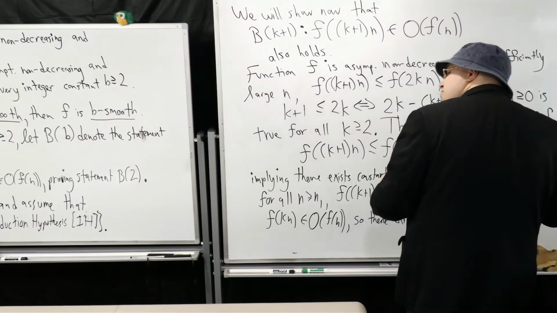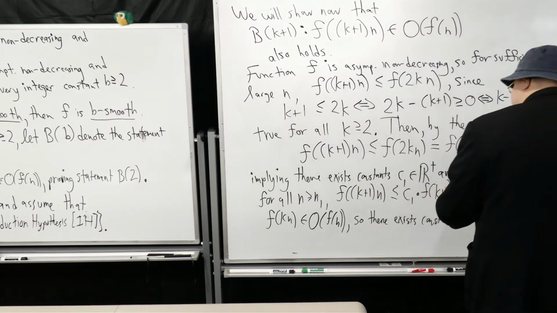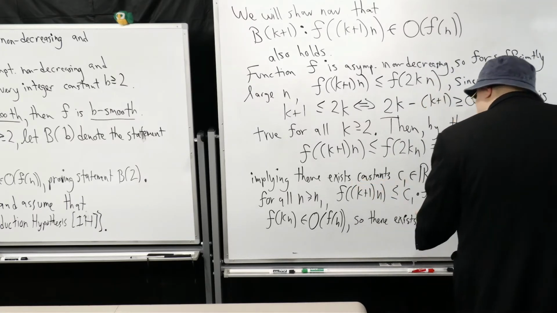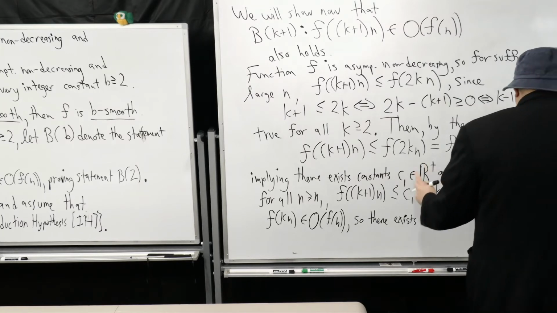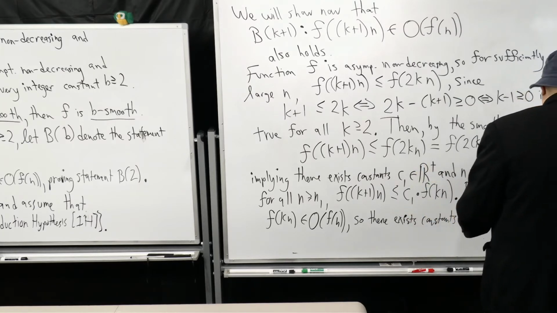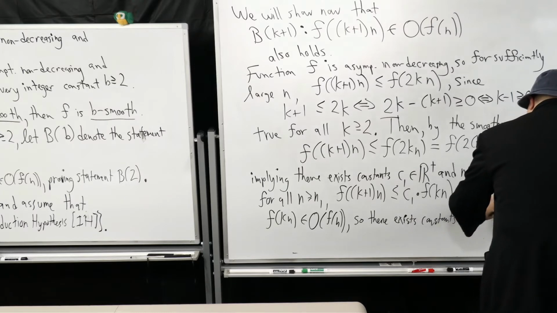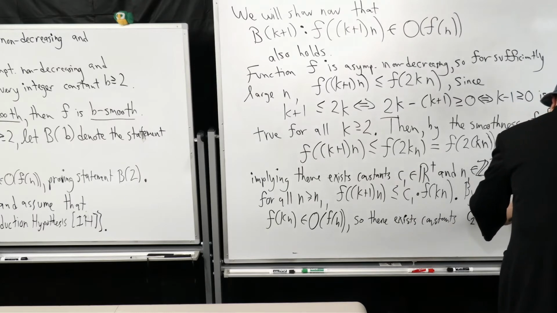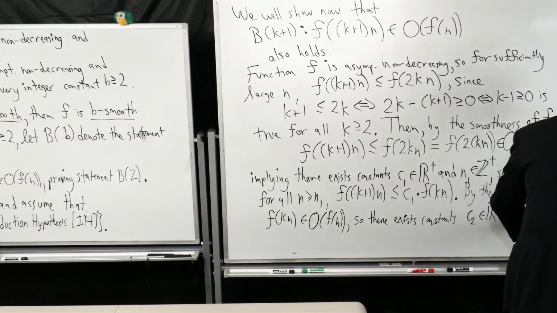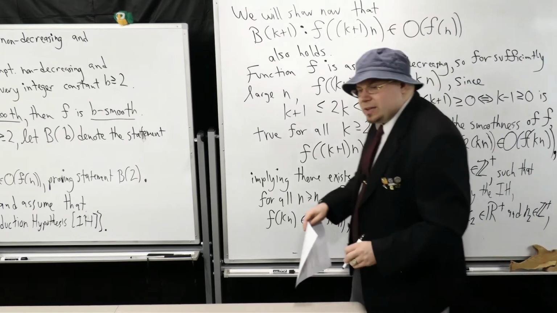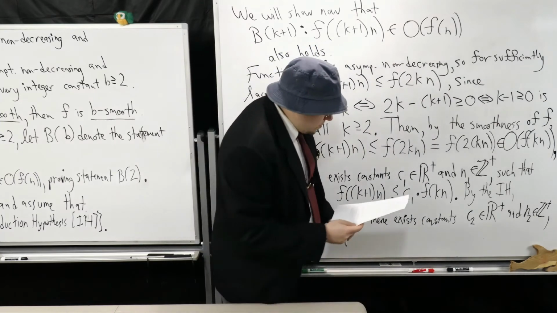So remember, I'm just using the big O definition again. So there exist constants C2, which is a positive real number, and N2, which is a positive integer, such that what?